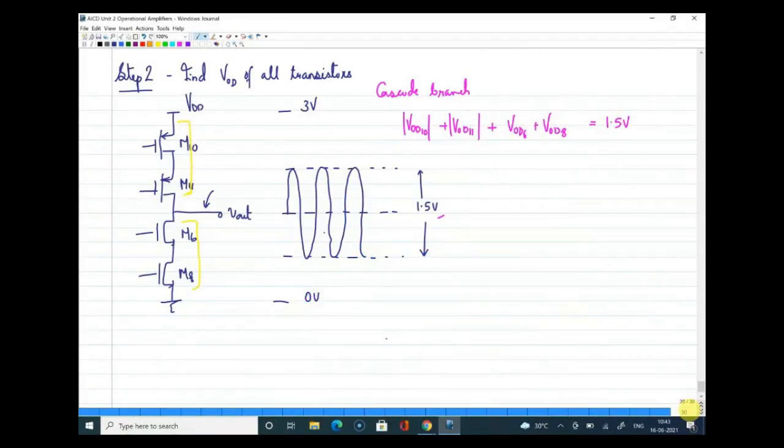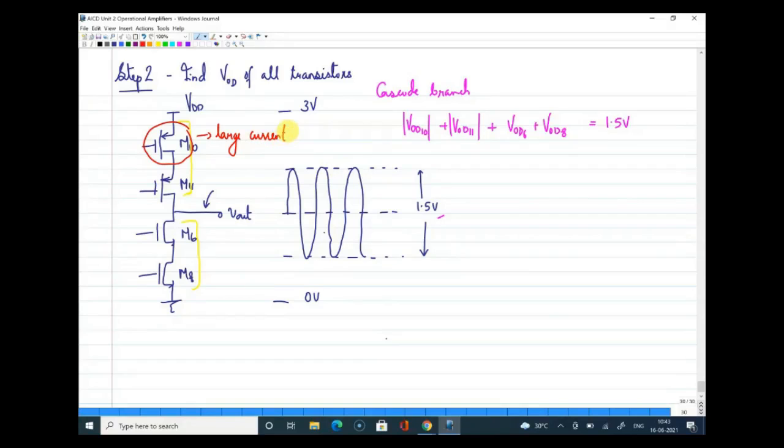Now we are again going for a logical assignment here. We have 4 transistors, and we can definitely say that this transistor, M10, which is acting as a current source transistor, is carrying the large current compared to all the other transistors, M11, M6, and M8, on the same branch.